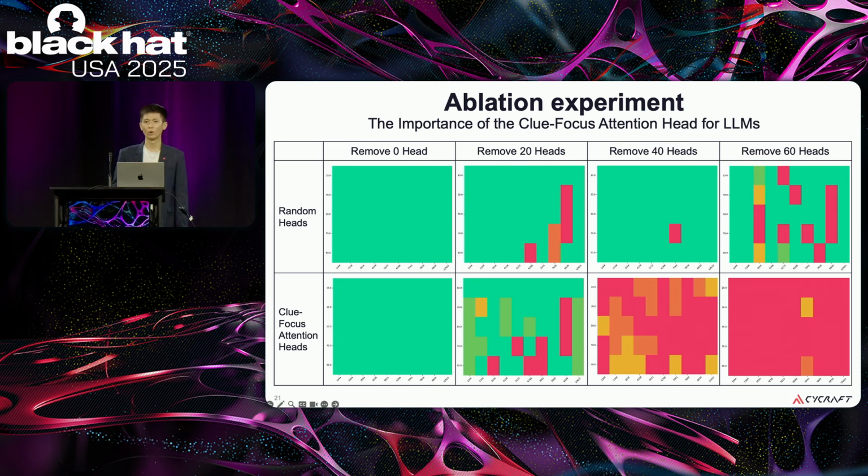When we randomly turn off some attention heads, there is not much impact on the language model. But when we turn off the clue-focused attention heads, it highly impacts the language model's output. So we know that the clue-focused attention head is very important for the language model.